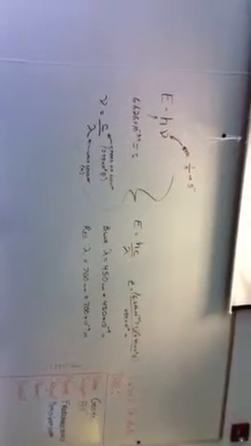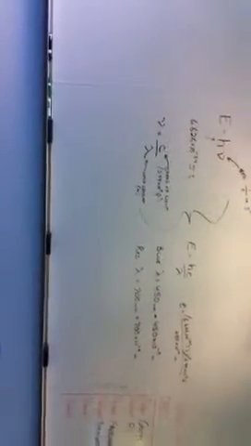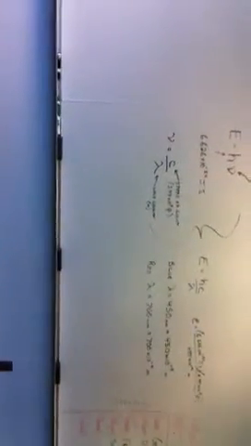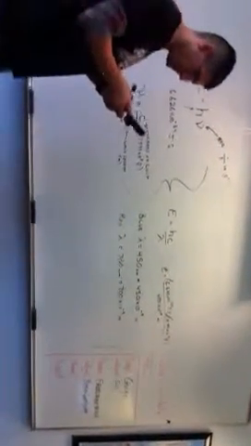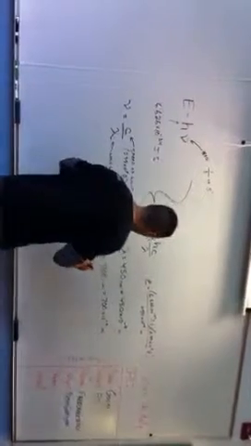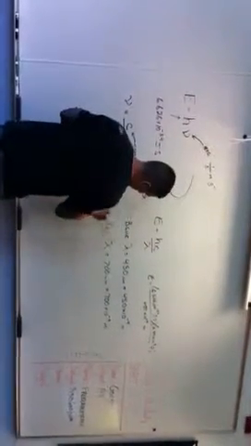Okay, so I got 4.40 times 10 to the negative 37. Double check that again. One more time. Okay, so I got 4.40 for the blue one.